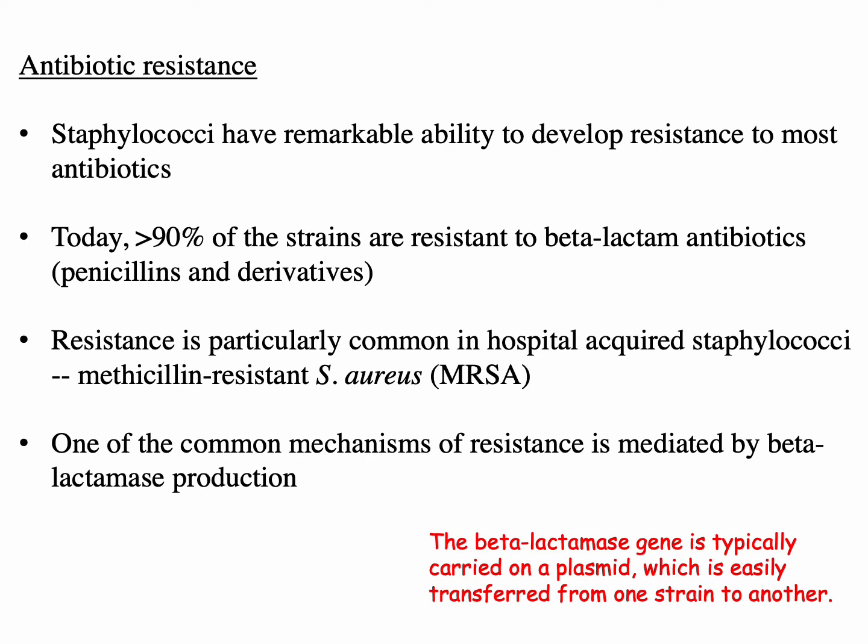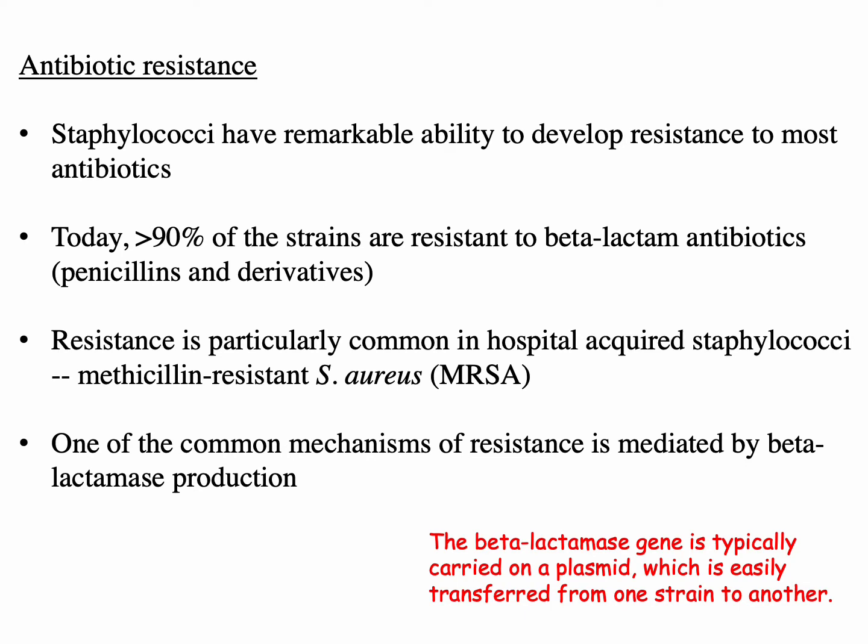The resistance mechanism is mostly mediated by the production of an enzyme called beta-lactamase. So beta-lactam antibiotic, beta-lactamase, lactamase being an enzyme that breaks down the beta-lactam. This beta-lactamase gene is typically carried on a plasmid, a small piece of DNA that can multiply by itself and can be transferred easily from one cell to another cell.